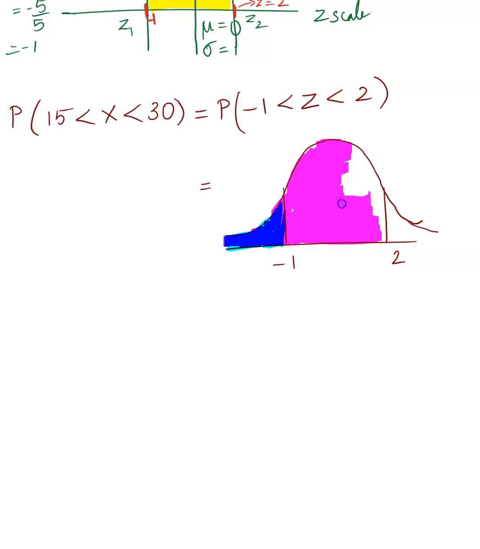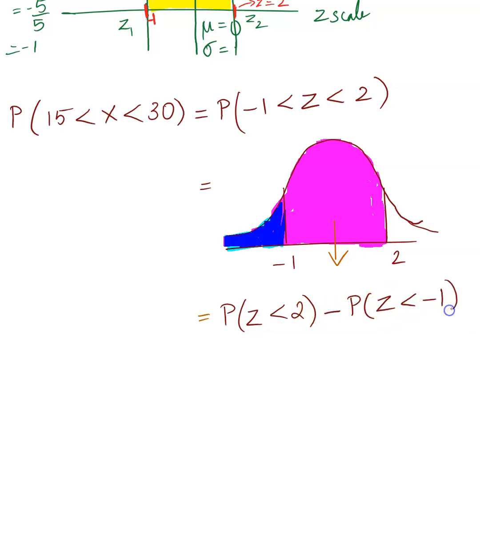I'm sorry that the blue changed color, but it's good in a way, because what we see here is that if I use the table, I get the area to the left of -1 and the area to the left of 2. But what I'm really interested in is this pink area. So I need to eliminate this blue area. For that, we do the probability of z less than 2, minus the probability of z less than -1, right?